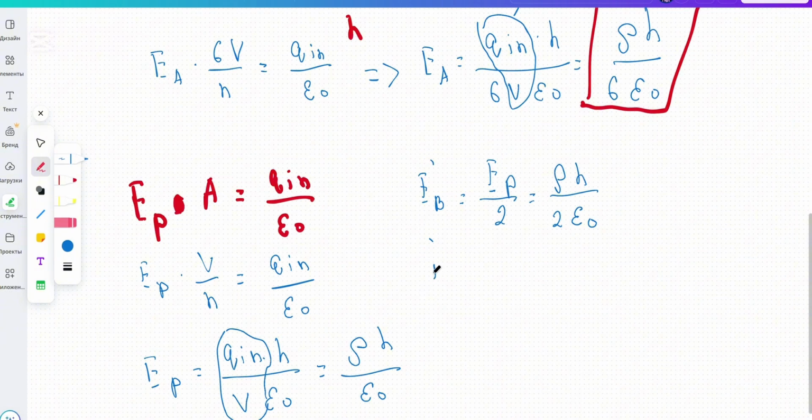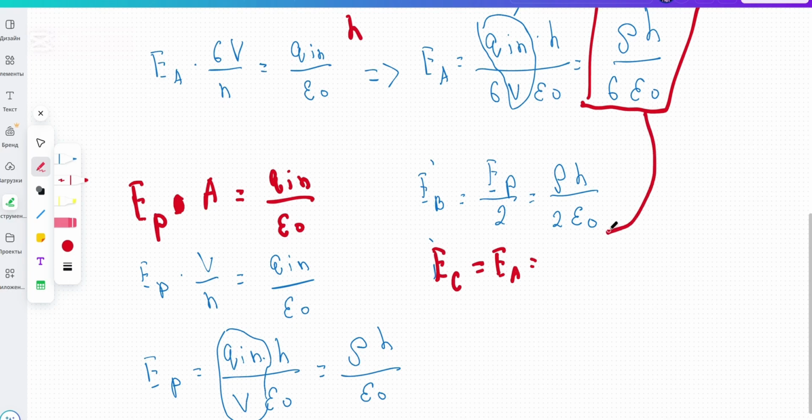Now we also need to know about the cavity's electric field, that will be equal to the electric field at point A, because the field inside a spherical cavity is uniform, and point A is inside of the cavity, so we can write it like this.